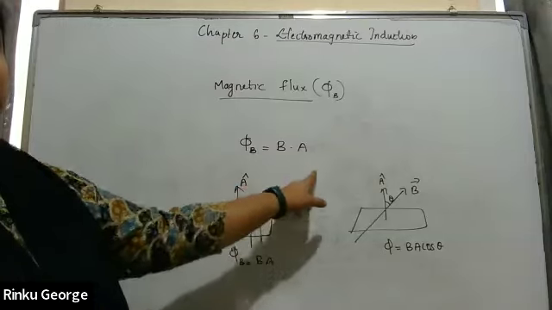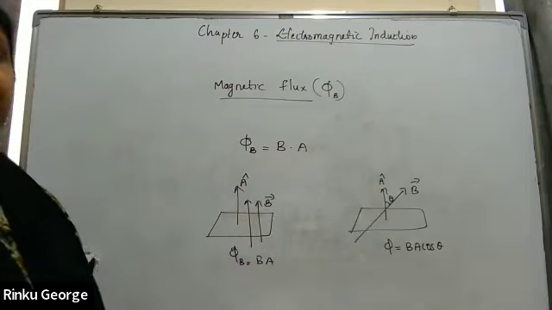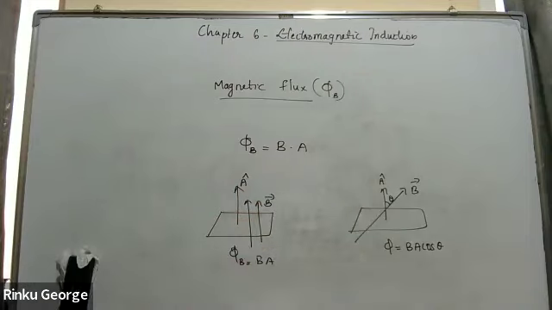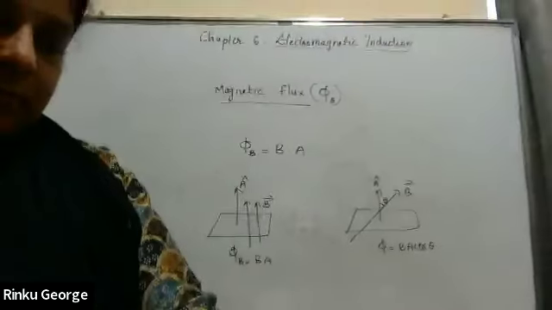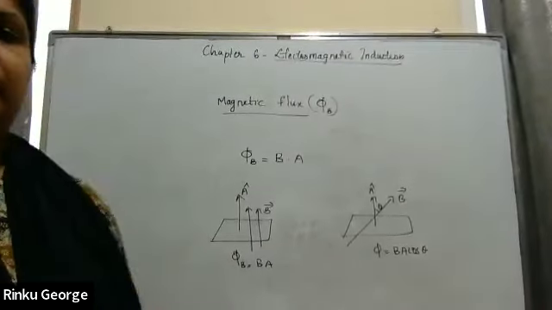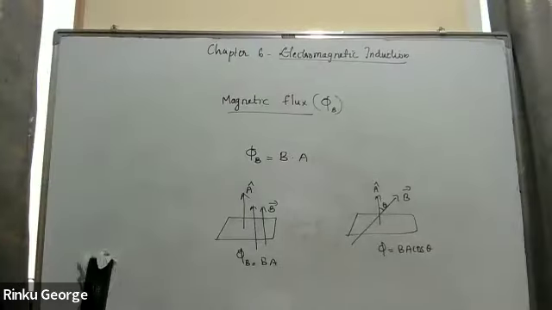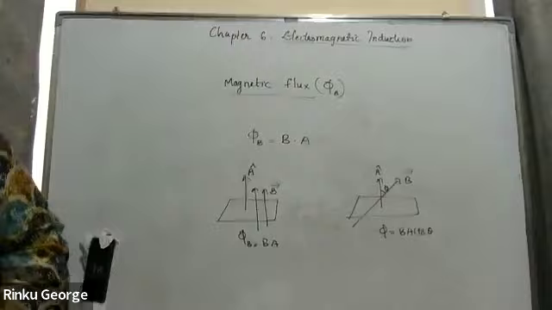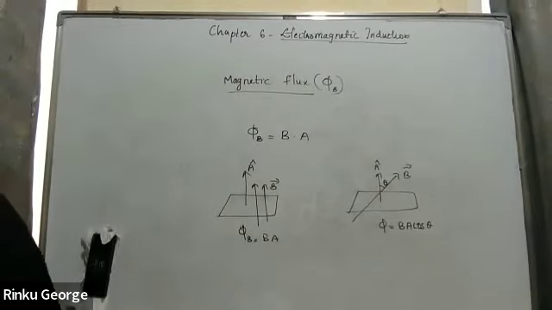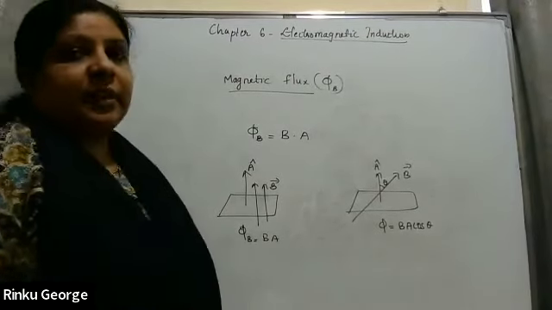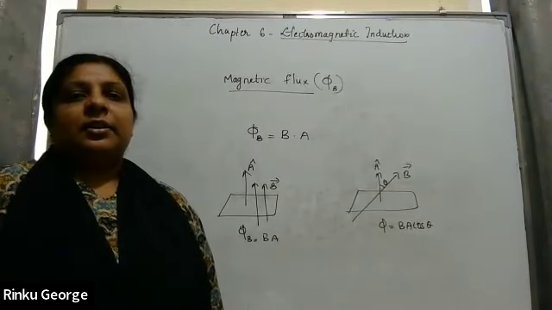Equation you write. Phi B is equal to B dot A. It is a scalar quantity.